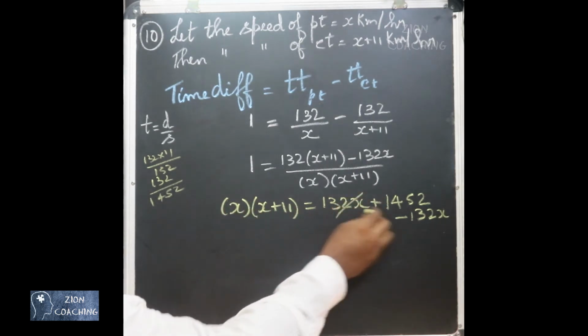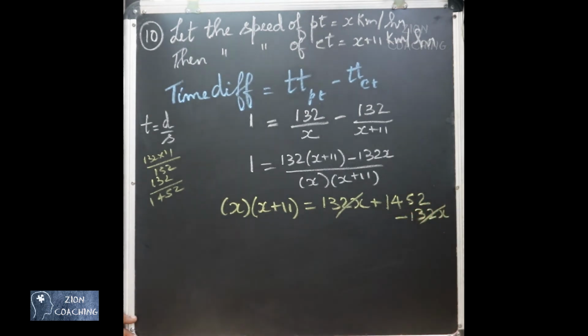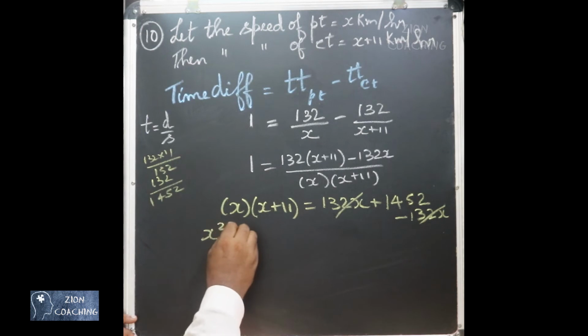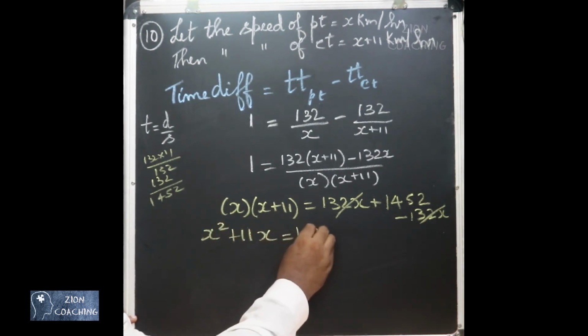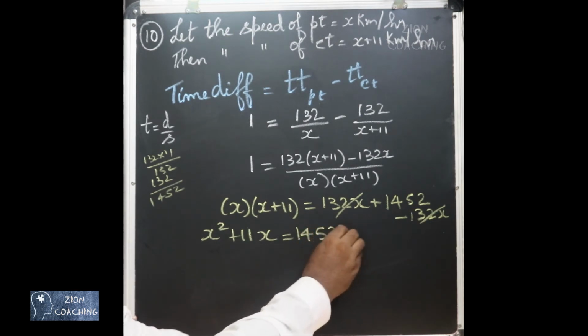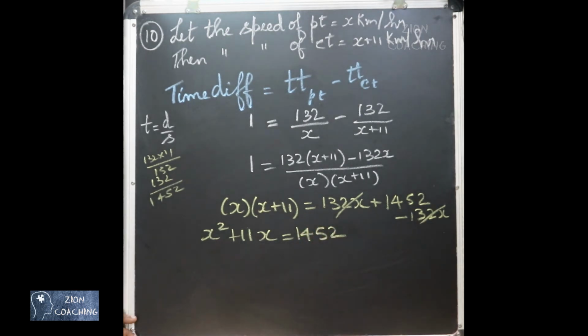So this 132x and minus 132x will get cancelled. So we are going to have x squared plus 11x equal to 1452. When you bring all the terms to one single side, finally you are going to have x squared plus 11x minus 1452 equal to 0.